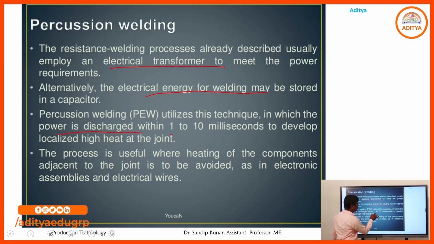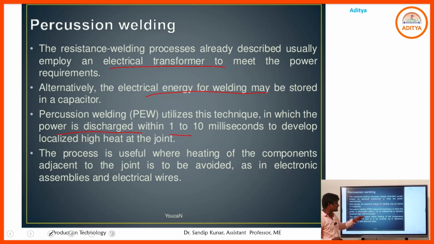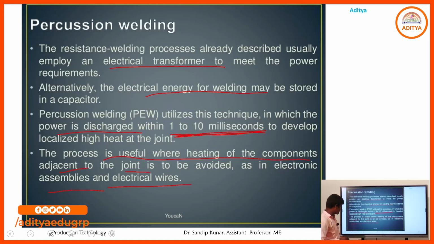The power is discharged within 1 to 10 milliseconds to develop localized high heat at the welding faces, in the joint. The process is useful where heating of the components adjacent to the joint is to be avoided. Generally, it is applied in electronics assemblies or electrical wires.